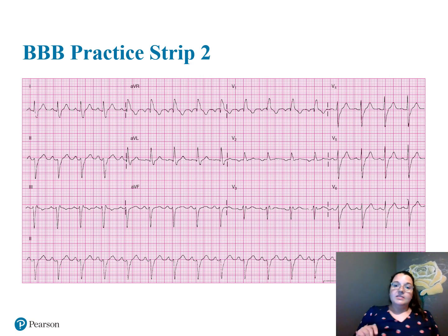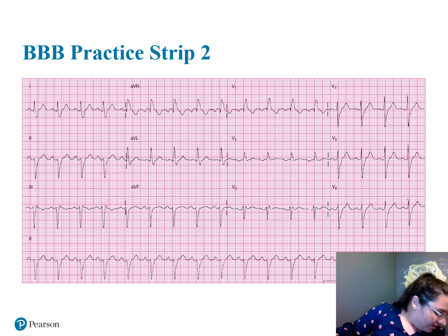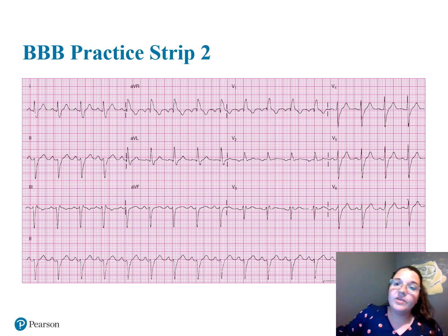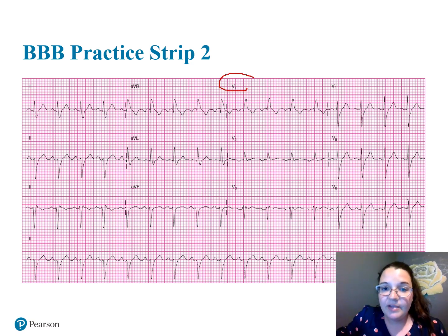Okay? So, practice bundle branch blocks. What lead do I look at for a bundle branch block? I am going to look at V1. Yes, V1. And what am I looking at in V1?